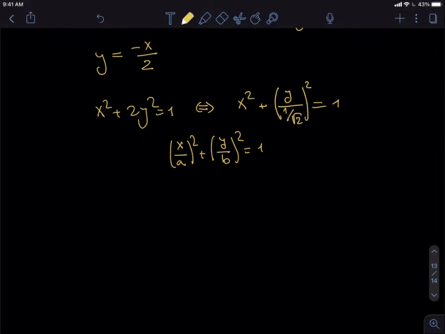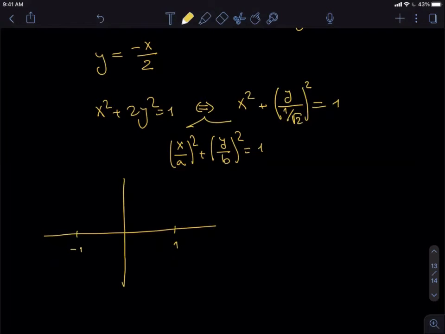Okay, now it's good. But this gives the length of the axis. So we have a length of 1 on the horizontal, so 1 and negative 1, and 1 over square root of 2. Square root of 2, I know it's bigger than 1, so it's 1.4.